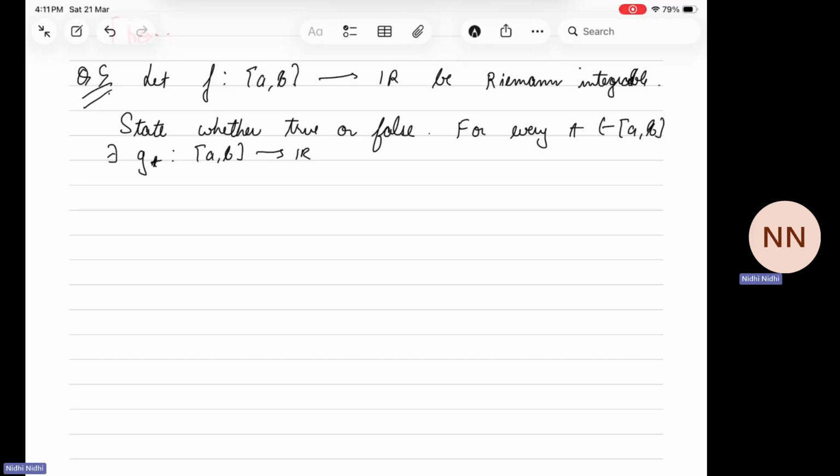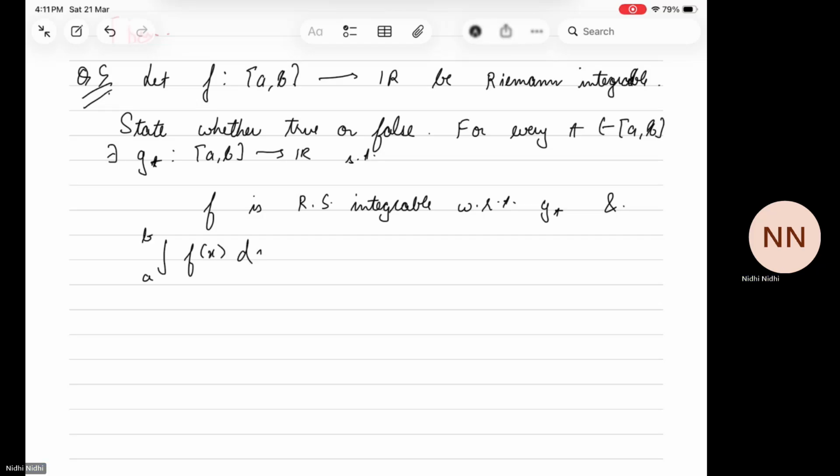We can find a function g_t such that the function f is Riemann-Stieltjes integrable with respect to this g_t, and the integral from a to b of f(x) dg_t(x) is equal to the integral from t to b of f(x) dx.